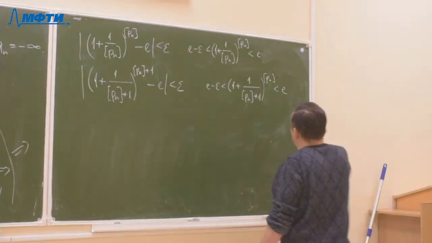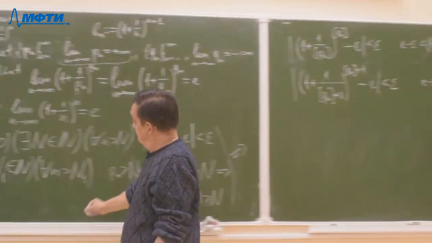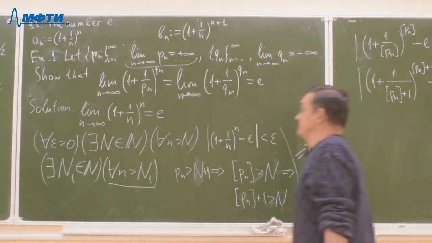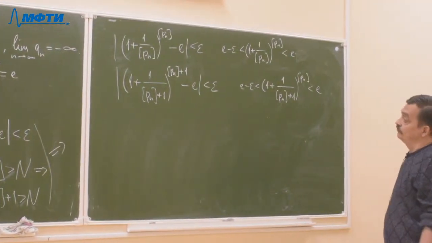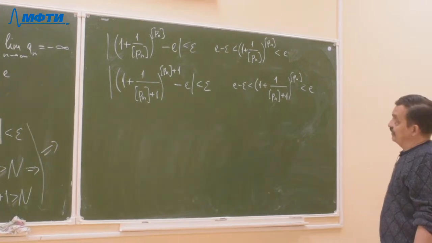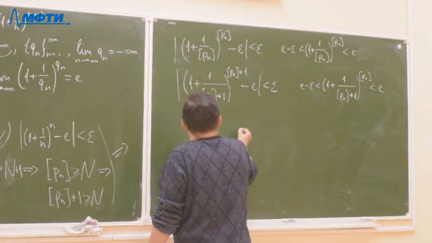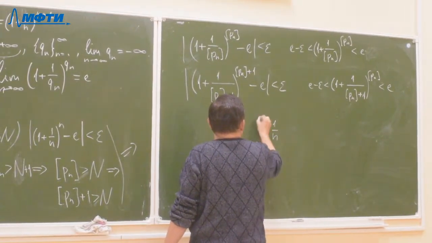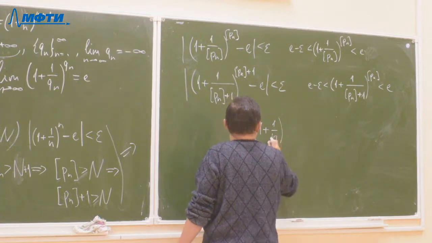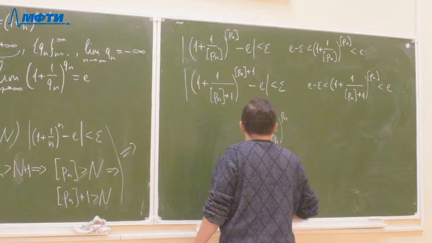Let me recall, both inequalities are valid when n is greater than capital N1. Then, look, I'll estimate 1 plus 1 over n to the power Pn.